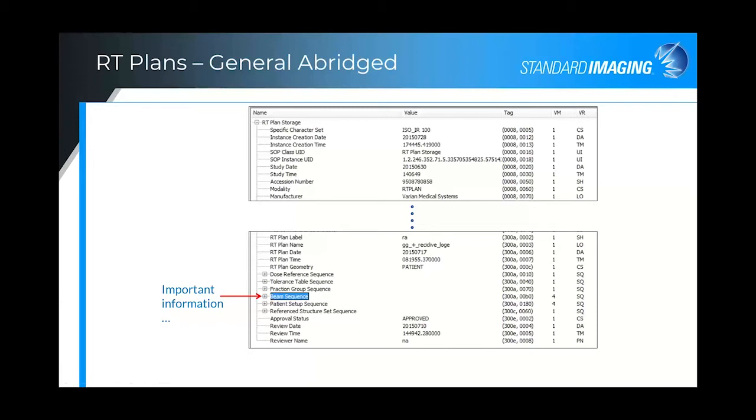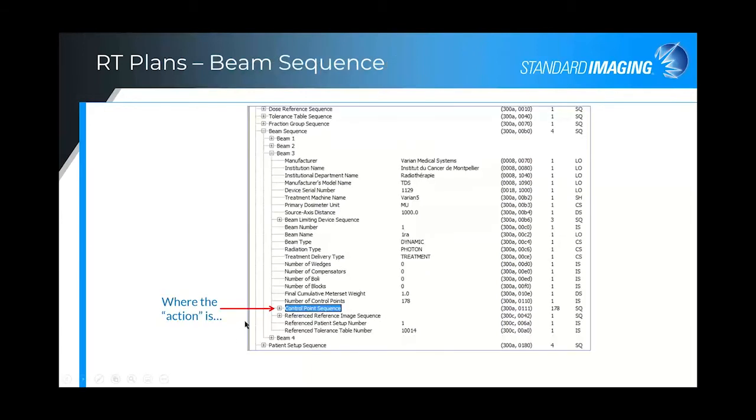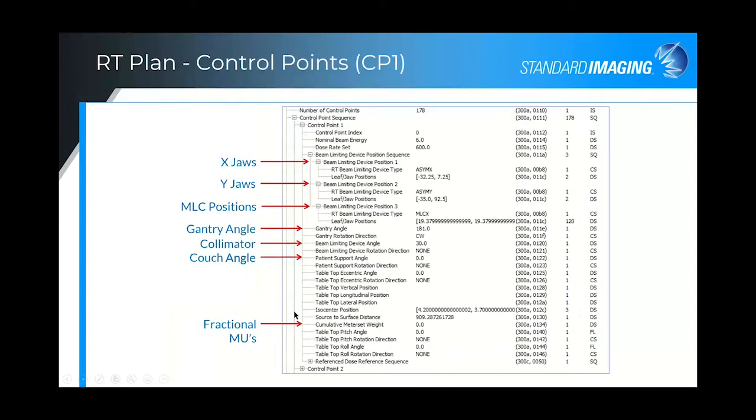And so if one expands this area under the beam sequence, there you can see that there are 4 beams for this plan. And under each beam is a control point sequence area. And so expanding again here under the control point sequence, one sees the control points that we're looking for.